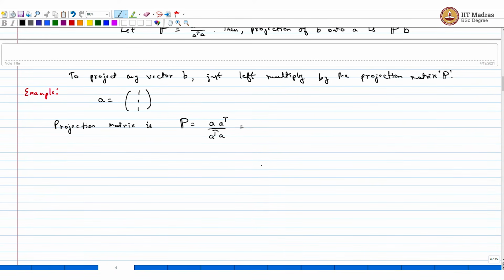I am going to give out the answer. It is going to be 1 by 3 into the matrix of all 1s, which is just the matrix with all 1 by 3 entries. So, that is your projection matrix.